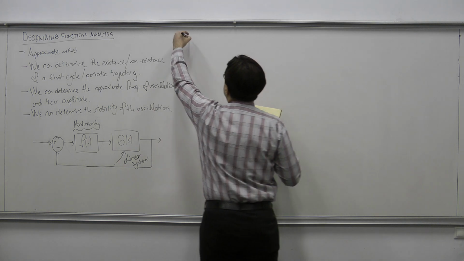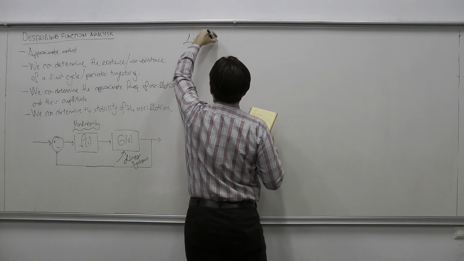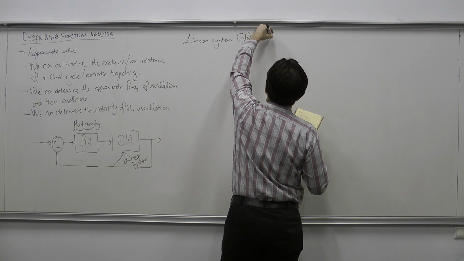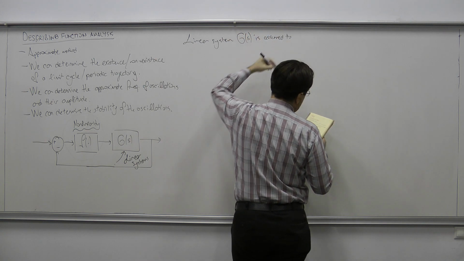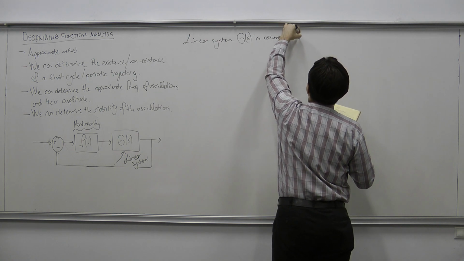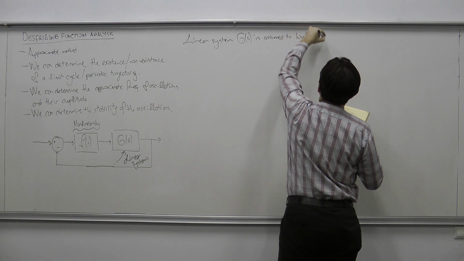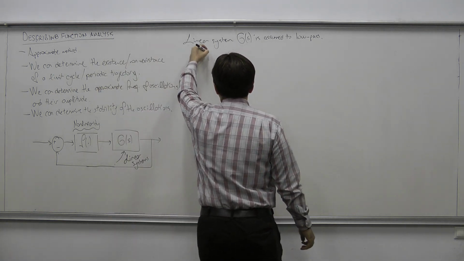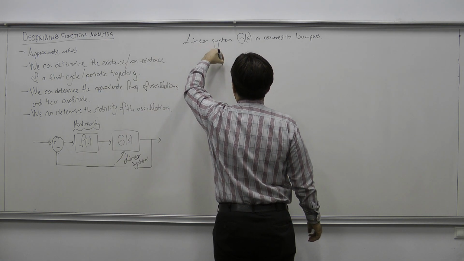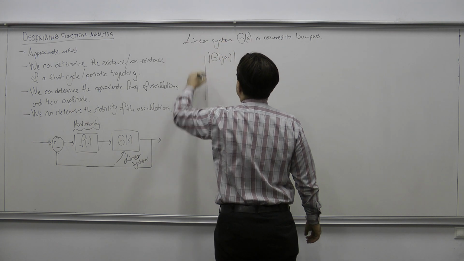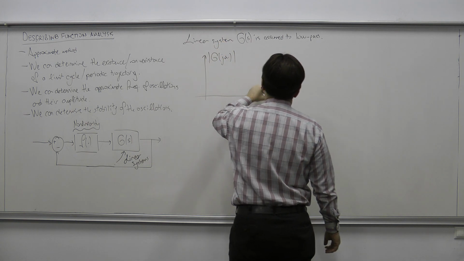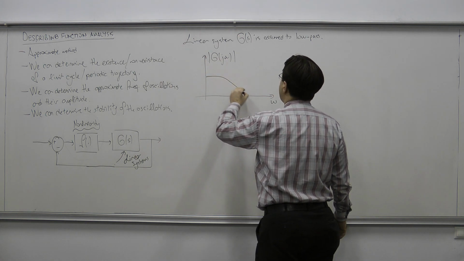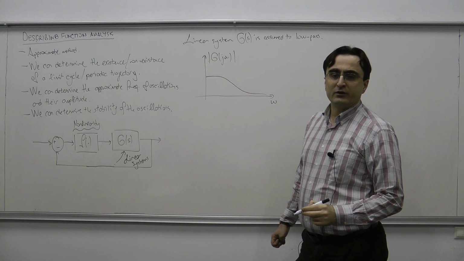So here, the linear system G of s is assumed to be low pass. Okay? What do we mean by that? If you look at the amplitude of G of j omega, okay? If you look at this amplitude, I have omega frequency here, we need to have a decay for high frequencies, okay?